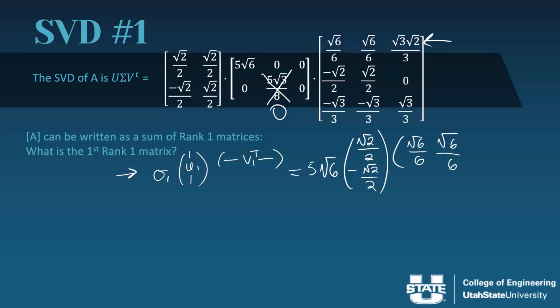Sometimes it writes them like root 3 times root 2, that's the same thing as root 6, so I'm just going to write root 6 over 3. That's how he has it written in the homeworks. Because all of these are root 6 and my singular value has a root 6, and since it's a scalar, it doesn't matter which one I multiply it to first. So I'm going to go ahead and multiply this with my rows.